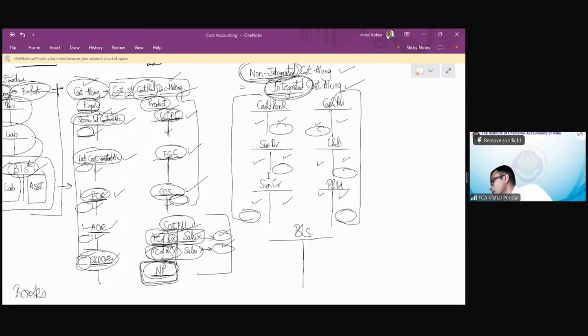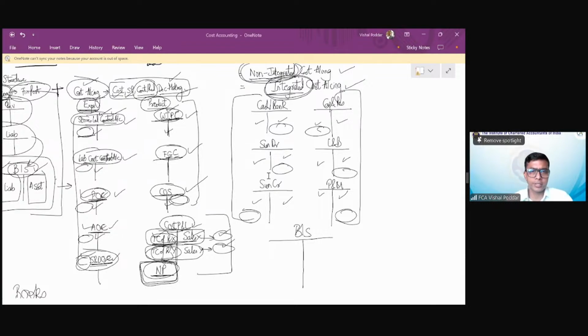So with one set of books, I will be able to achieve both the objectives of cost accounting and financial accounting. And since both these objectives are achieved, this is called integrated accounting. I hope you all have understood, students, what is integrated. Yes. Is this clear to all what is integrated?